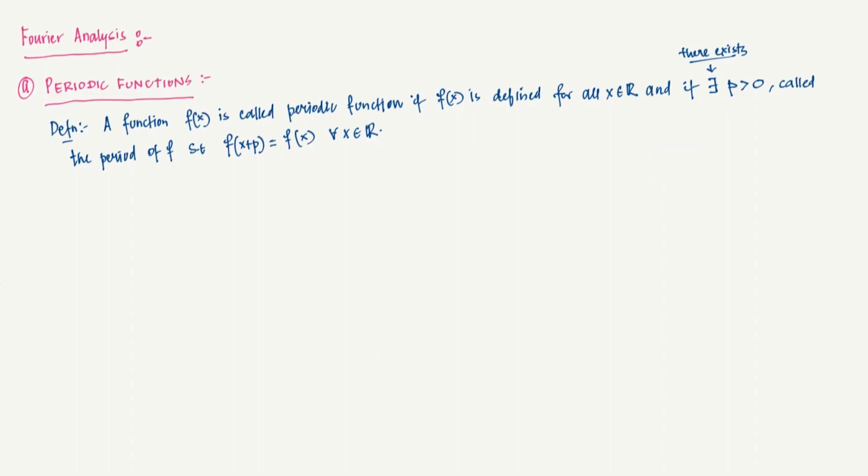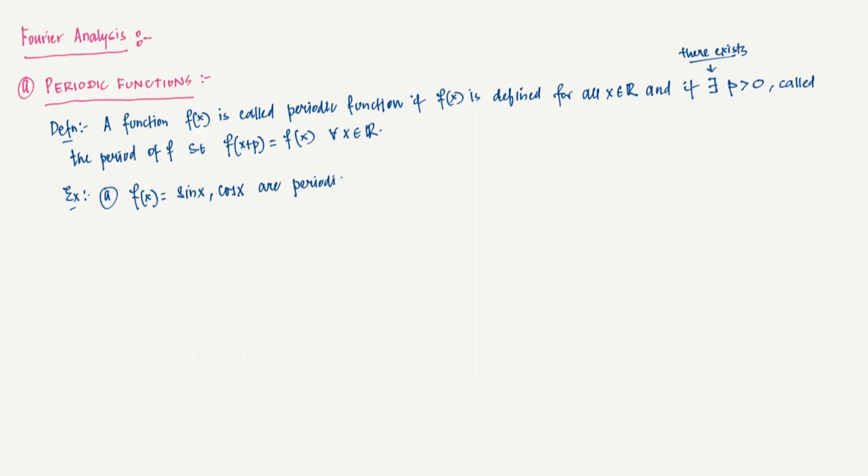So let us take up some examples of what periodic functions look like. Of course, your sines and cosines are always going to be periodic. So let's say f of x equals sine x, or cosine x. They are periodic functions.